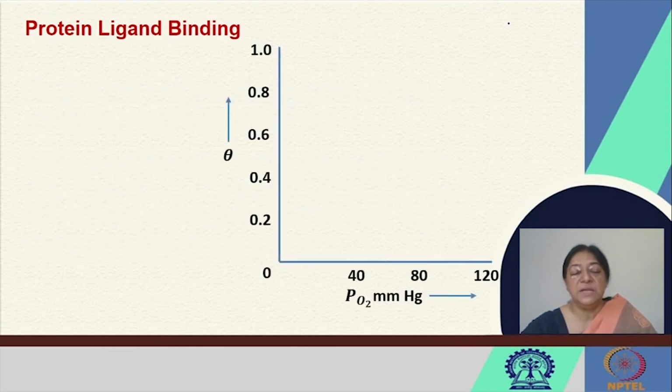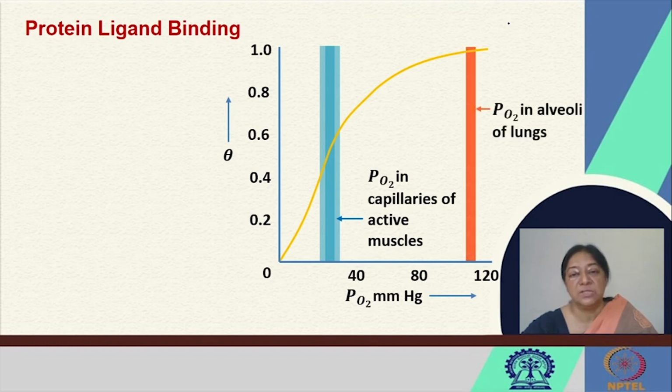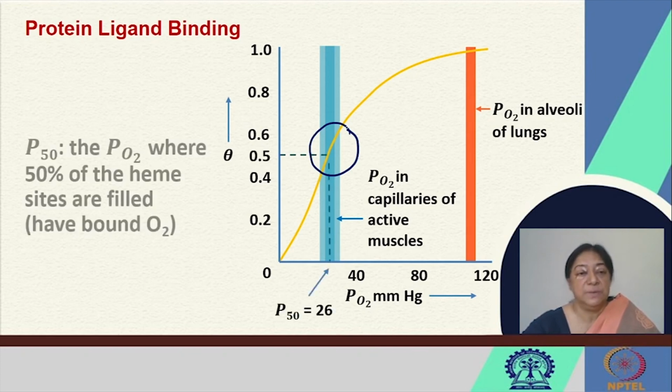This can be studied by a specific curve. So we have the oxygen levels in the capillary and in the active muscles and those in the lungs. As the hemoglobin travels with its cargo of oxygen from the lungs to the active muscles, it will release the oxygen at this position to account for the activities that are required for the muscle.